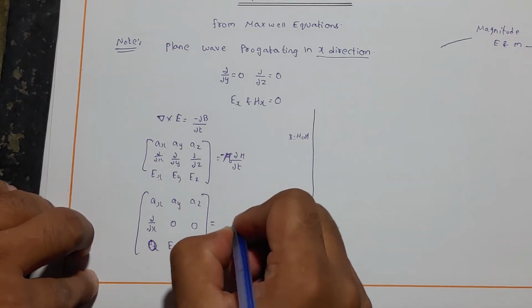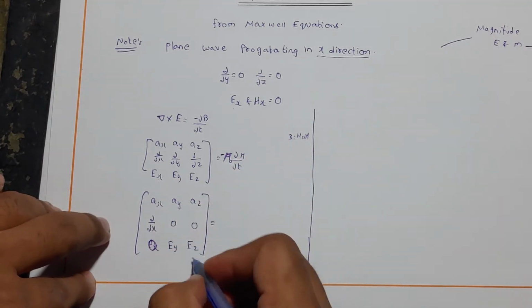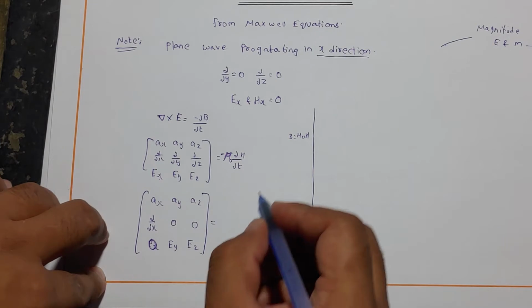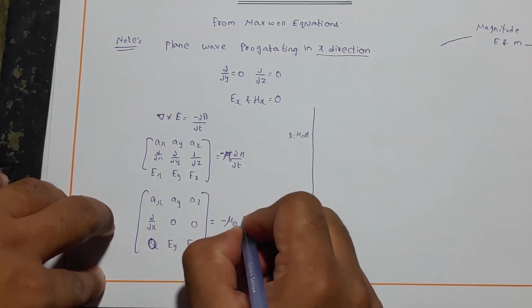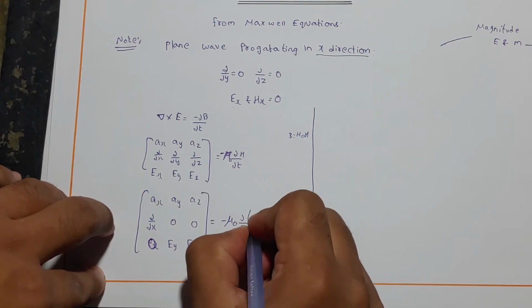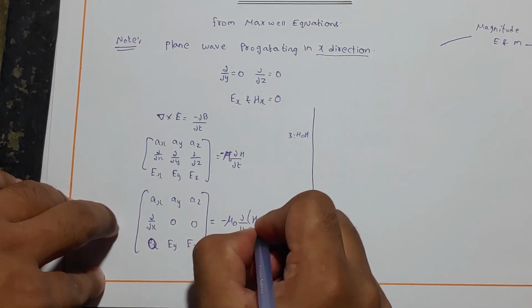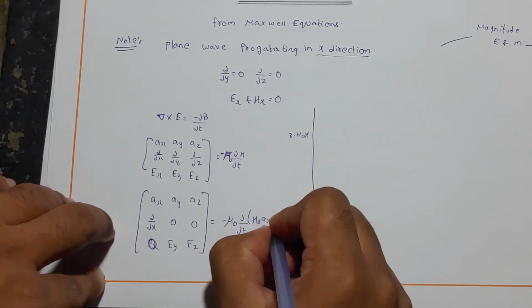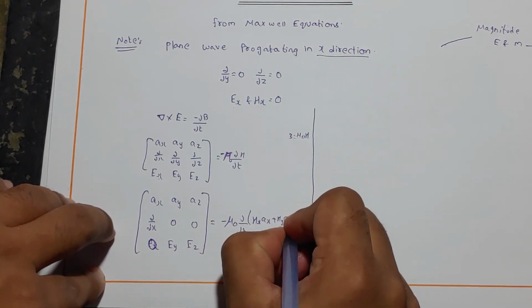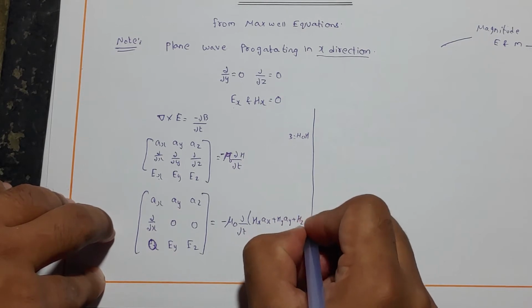Now this could be equal to, as H would also have components in those directions, minus mu naught dou by dou t of Hx Ax unit vector, Hy Ay unit vector, Hz Az.